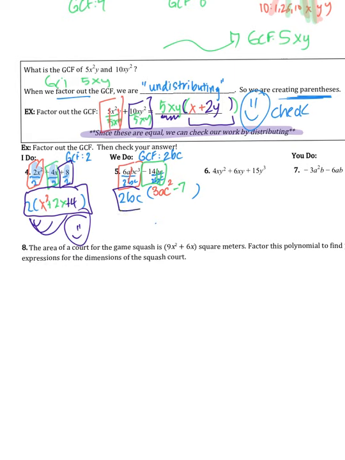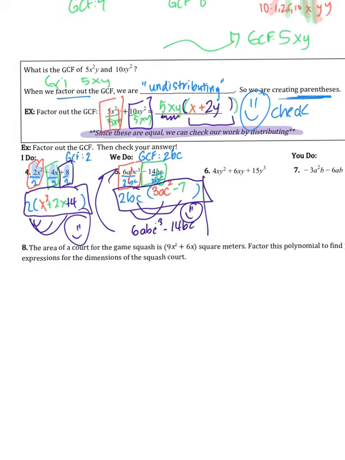So my factored expression is 2bc times the quantity, or the parentheses, 3ac squared minus 7. And we can check. This would give me 6abc to the third. This would give me negative 14bc. That looks like the original problem that we had, so we are very happy that we know we got this correctly factored.